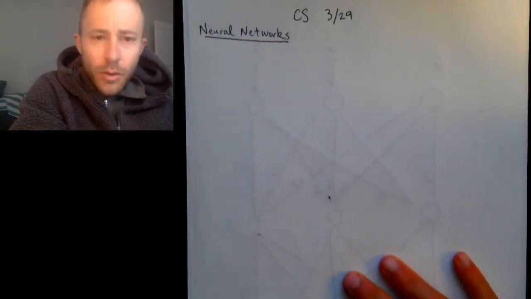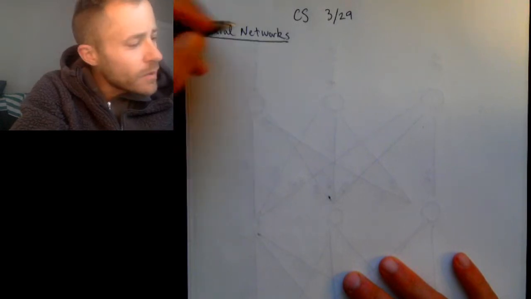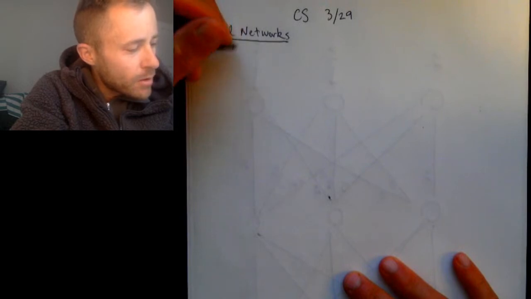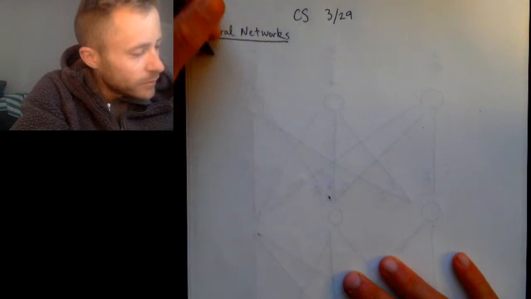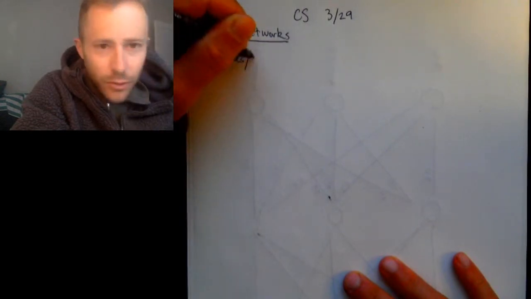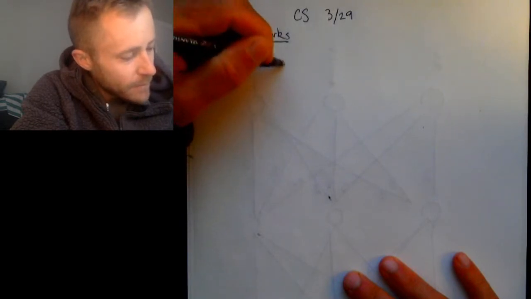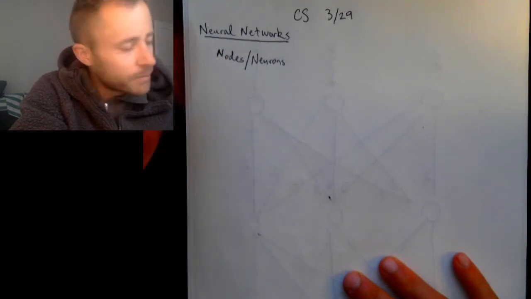One of the things about neural networks is that they have what are called nodes or neurons. Okay, nodes, also known as neurons.